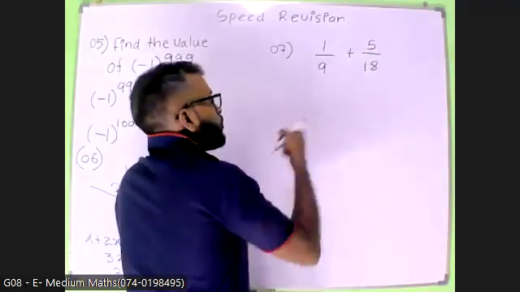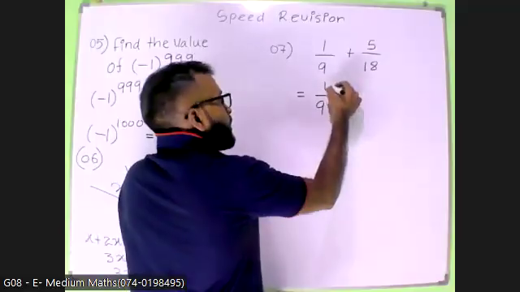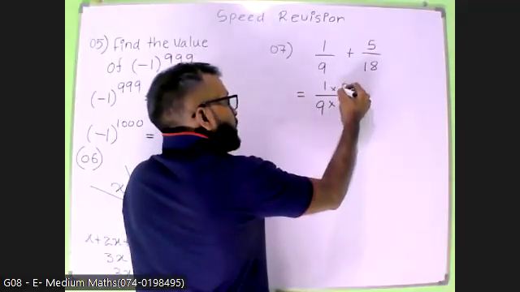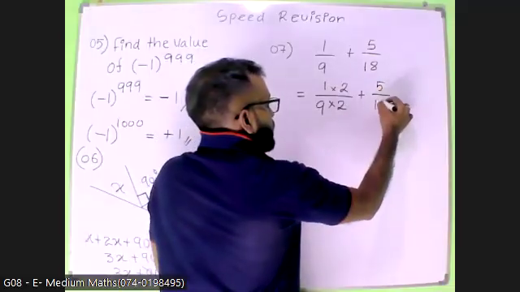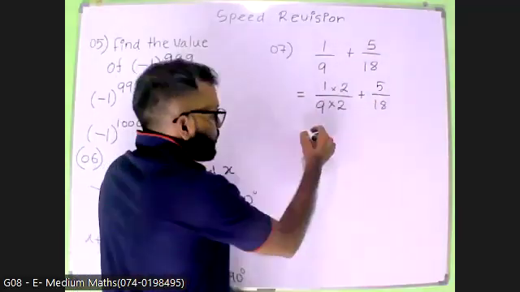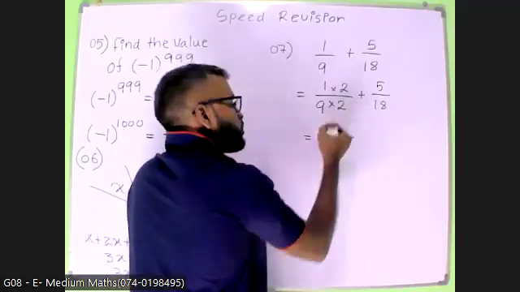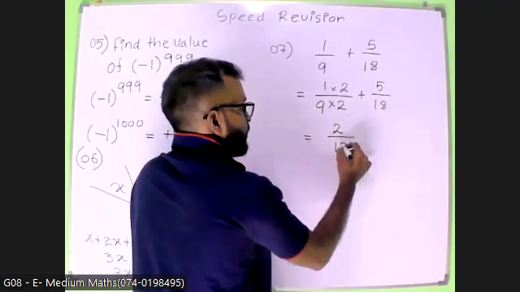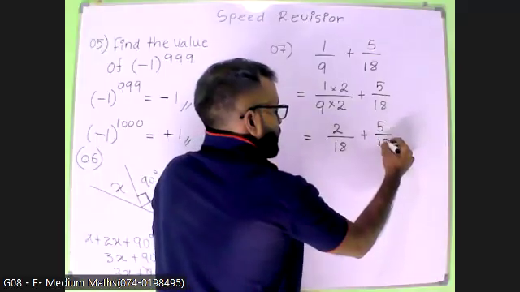So I am going to multiply both numerator and denominator of 1/9 by 2, plus 5 upon 18, so that I can convert this 9 into 18, right? 1 times 2 is 2, 9 times 2 is 18, plus 5 upon 18.